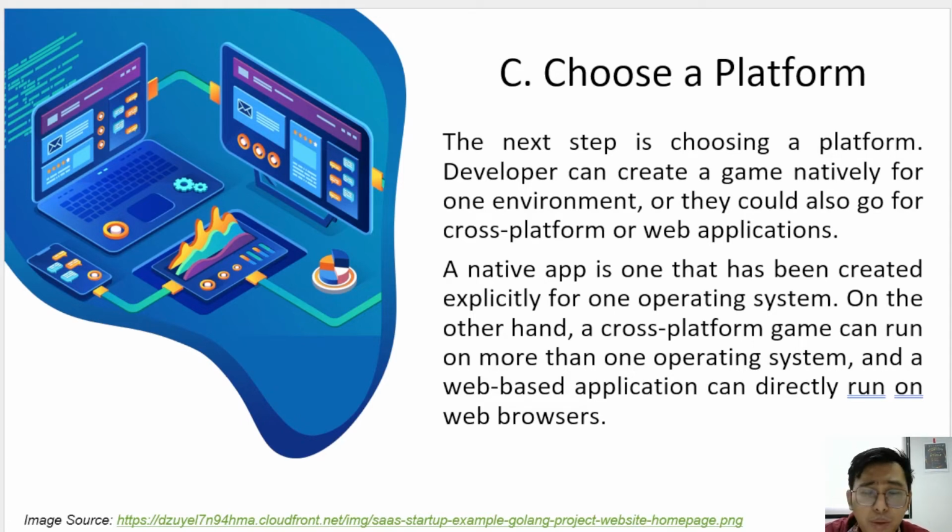And a web-based application can directly run on web browsers, which becomes limited in this case, because even though they want to give the powerful feeling of integration and can be used anywhere, this kind of web browser game is limited because of the technology that they use. It needs to be run on a browser. Even some applications of game engines make sure that it is a web browser but inside of an application, it's still not a best practice to be used in game development.